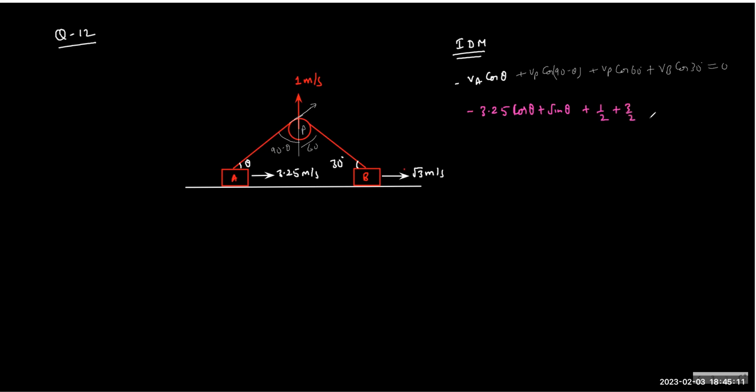Am I right? Yes. Because VB is root 3. So sine theta is 13 by 4, I think. Equals to 0.